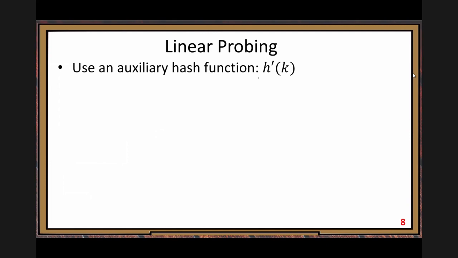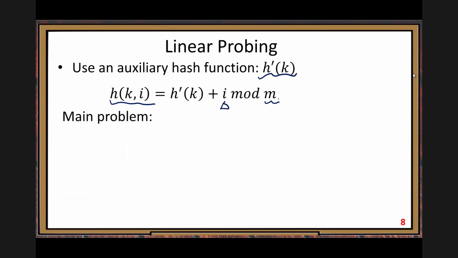We need an auxiliary hash function, other than our first hash function, a second auxiliary hash function. Here, h prime, plus i, mod m. That's linear probing.